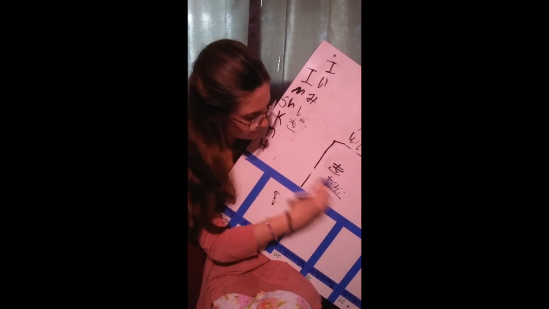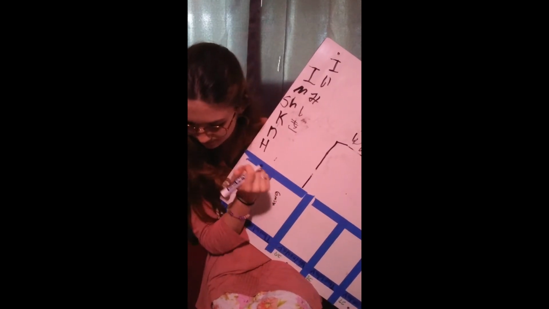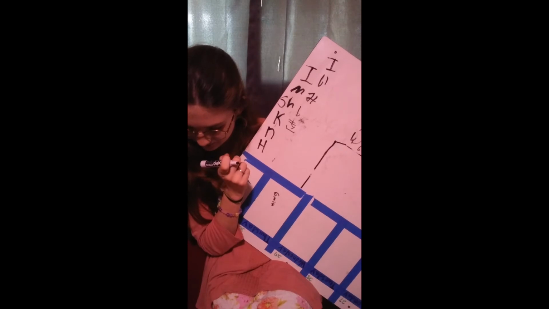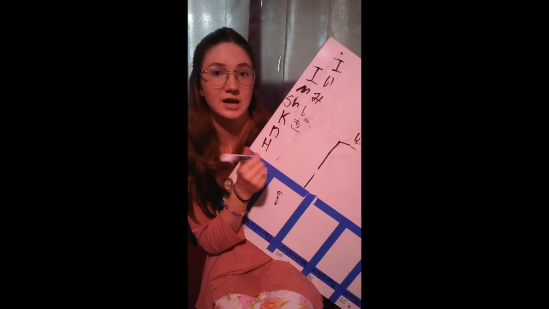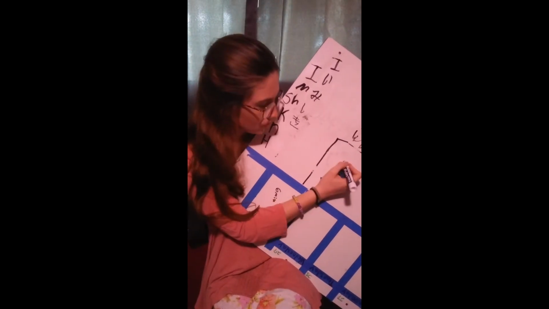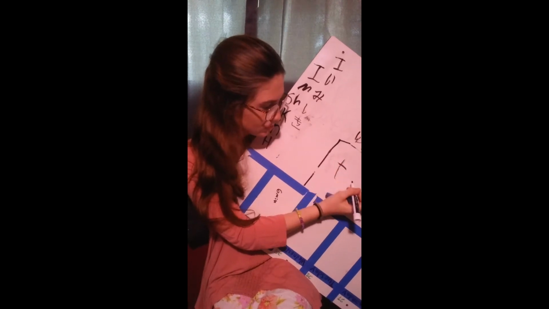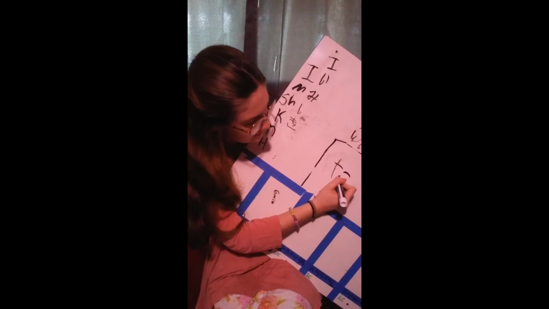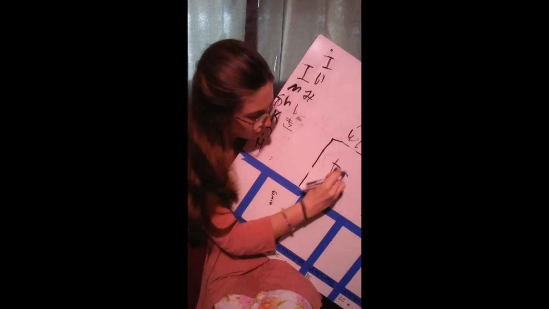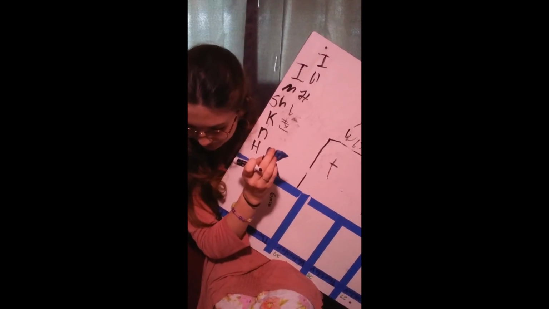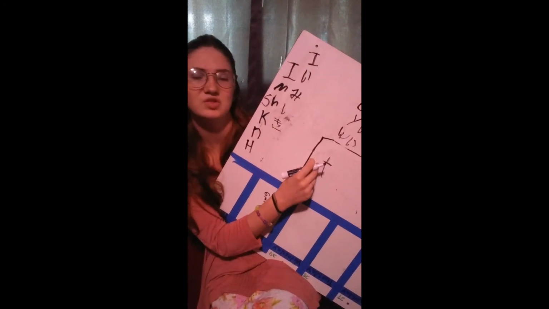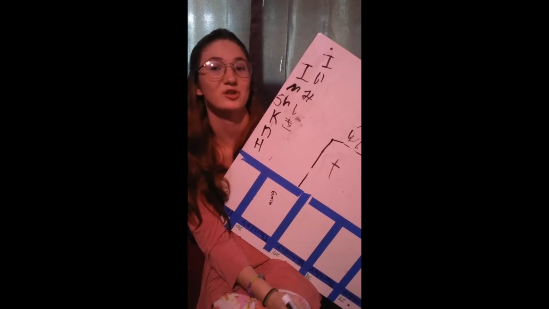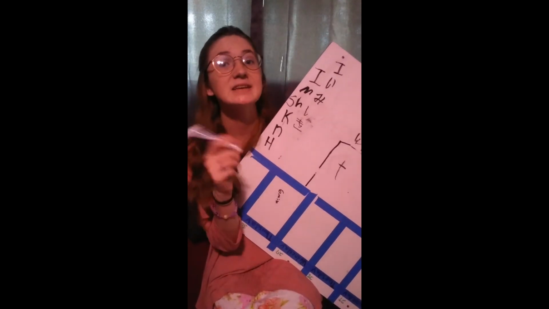Now we have knee. And knee is done as, now this is where you have to be careful. You can't confuse this with ta or e. So you do another T, just like you would do with ta, and instead of going like this, which is ta, you don't make a T. T is for ta.